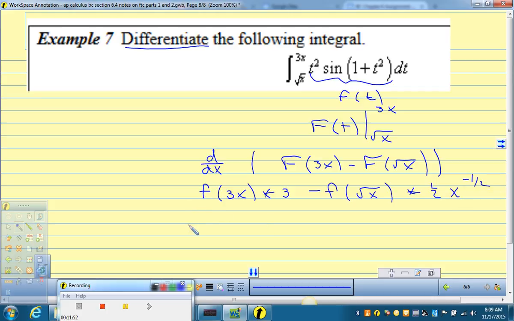And now we just plug it in. So we get 3x squared sine of 1 plus 3x squared times 3, minus 1/2 x to the negative 1/2. I'm just pulling out the front.